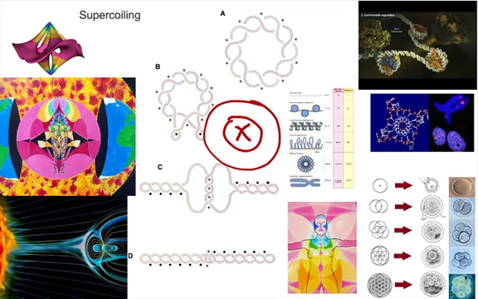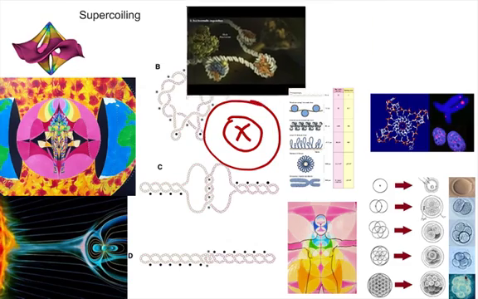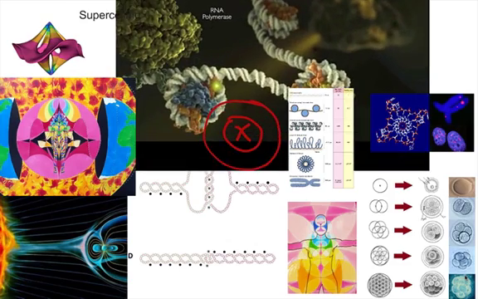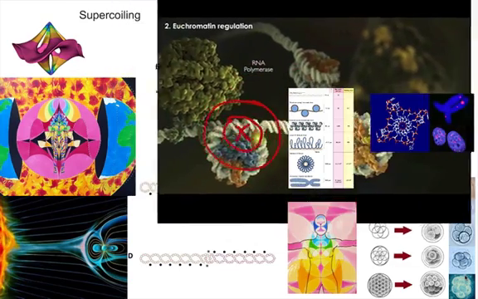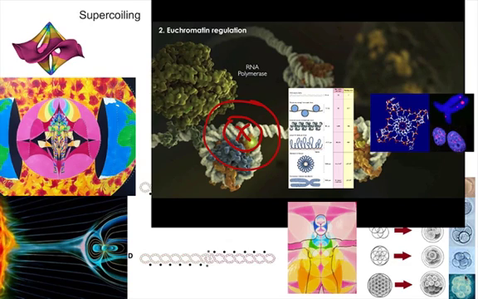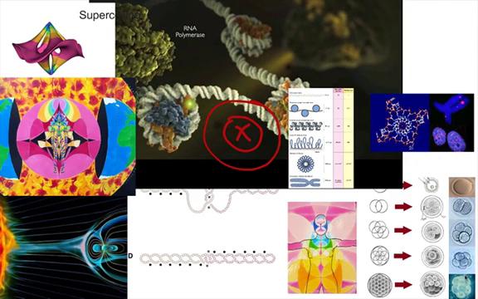In order for it to be read by your RNA, and that's what's going on in this picture over here, what you have is this green structure that is RNA is attempting to read what is going on in this area right here. This is the DNA. And so in order to read those pages of the book, quote unquote, of your DNA, the pages have to be opened up. They can't be tightly coiled.